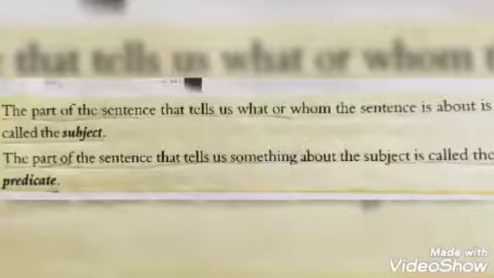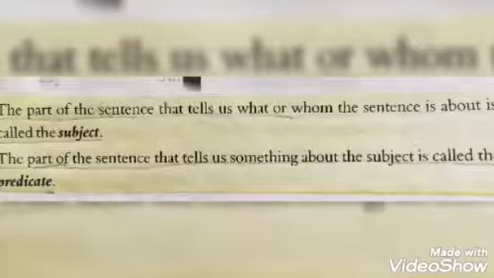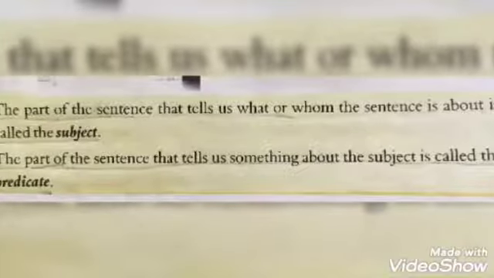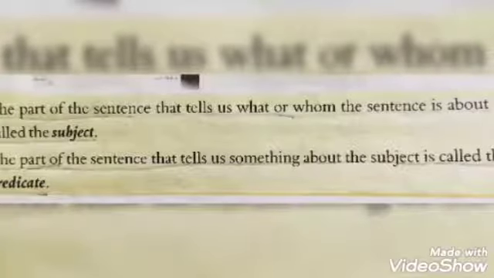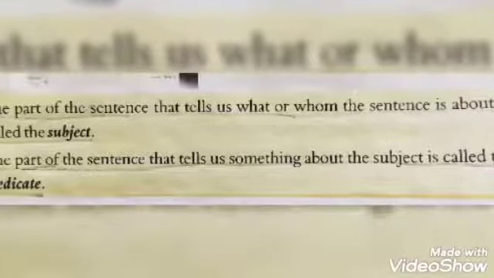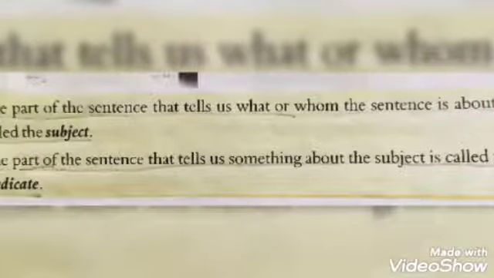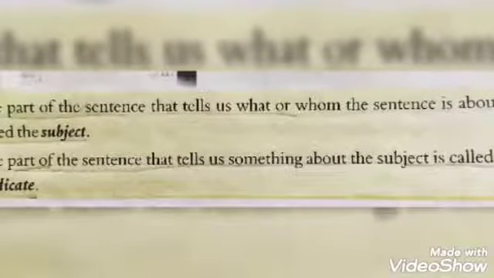So, what is a subject and what is the predicate? The part of the sentence that tells us what or whom the sentence is about is called the subject, and the part of the sentence that tells us something about the subject is called the predicate.